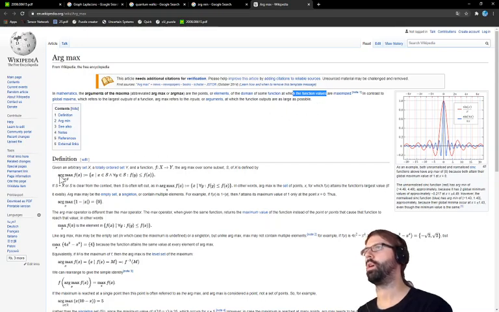So argmax of f over S, this is actually a set. So this is all x where x belongs to S, and for all y which also belong to S, f of y is smaller or equal than f of x.